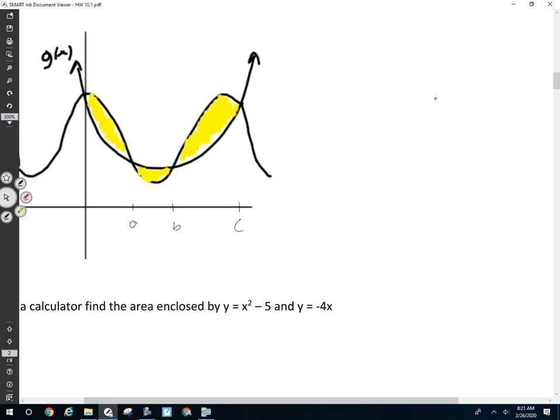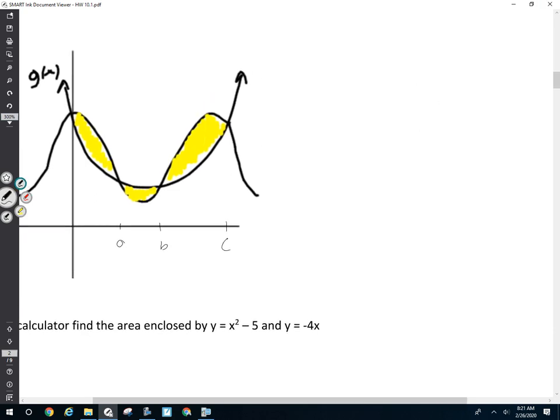But here, either with a calculator, we can go from 0 to C. It doesn't matter, f minus g, g minus f, whatever, because the absolute value will make all the heights positive. Or, no calculator, we're going to have to split it into multiple integrals.